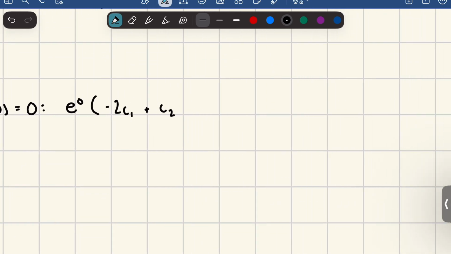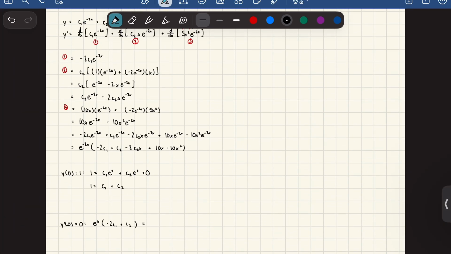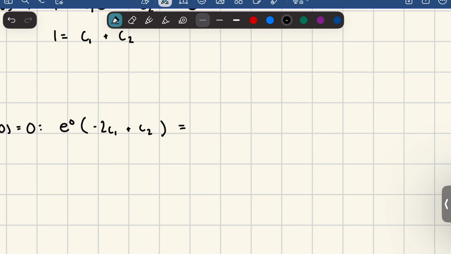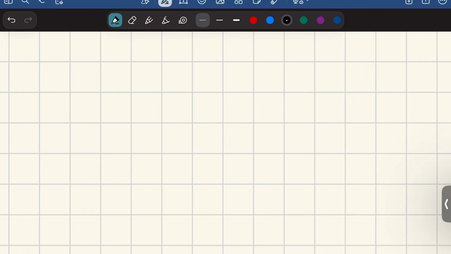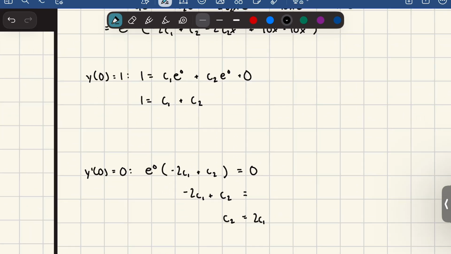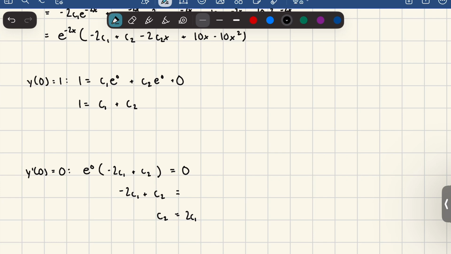So, yeah, we're just gonna mark that off because that's all gonna go away. And equals 0. e to the 0 is 1, so it's negative 2 c1 plus c2. Okay, we can work with this. Minus c2 equals 2 c1.